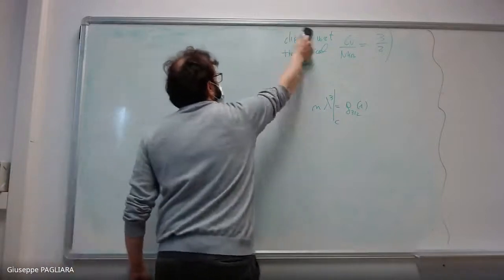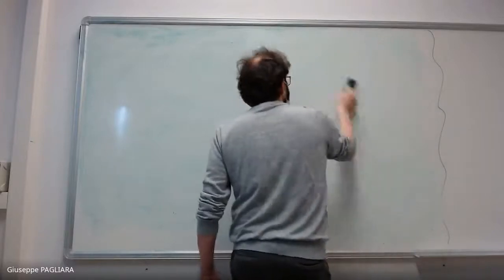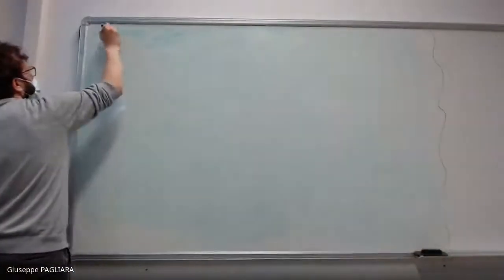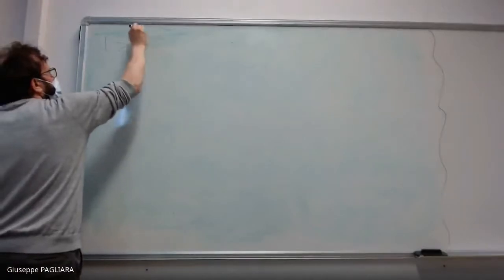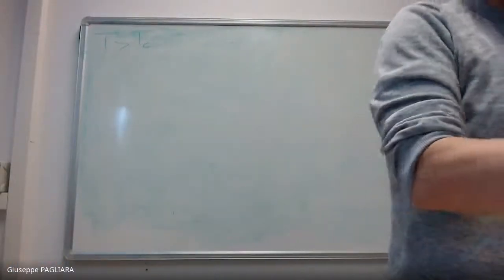So now the next step is to compute the specific heat for T larger than Tc. Now this is a little bit tricky, and I will sketch the calculation, but we will finish next time.